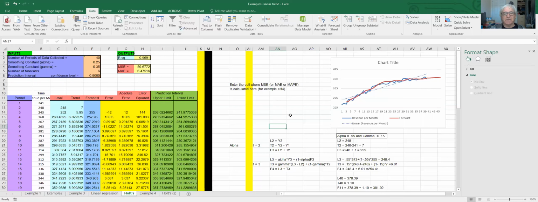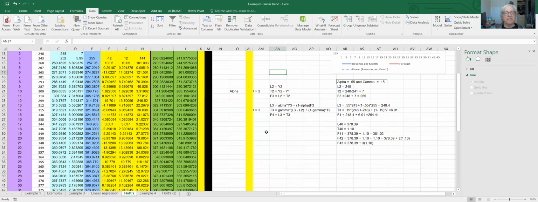The procedure works like this. You go to period number 2, and you start with L. L is for level. That's the level of period number 2, the point from which you are going to make your next forecast.